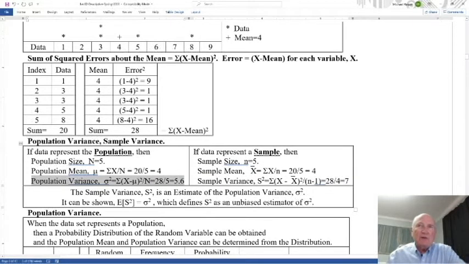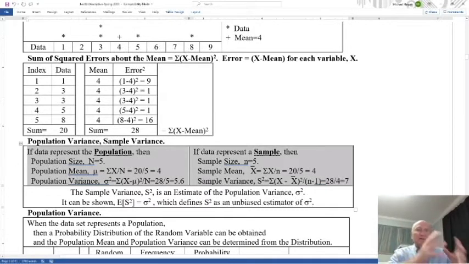But if the data represent a sample, then the sample size is 5, the sample mean is 4, the same. But the sample variance, s squared, is over n minus 1, which is 7. So here is the difference: for a population variance, you divide by n; for a sample variance, you divide by n minus 1.